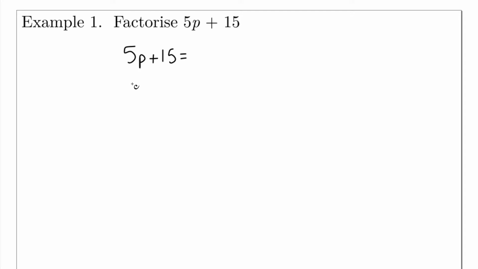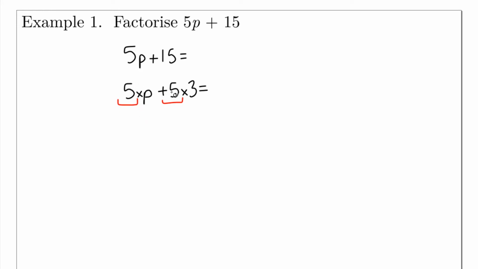So 5p can be thought of as 5 loads of p's, 5 multiplied by p, in the same way that 15 can be thought of as 5 multiplied by 3. And what you see is that both of these terms have a common factor of 5.